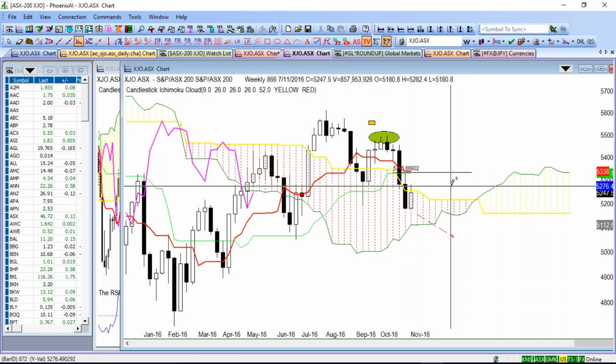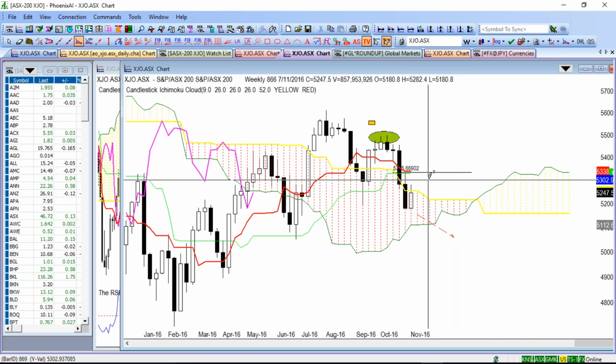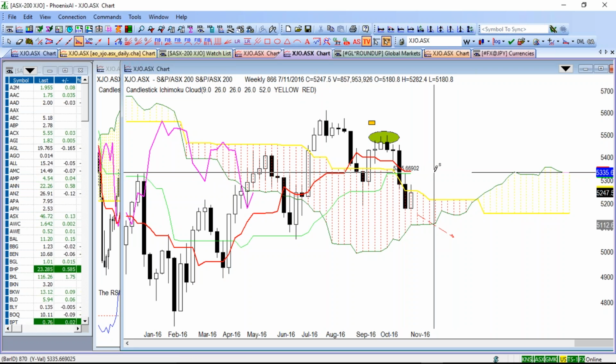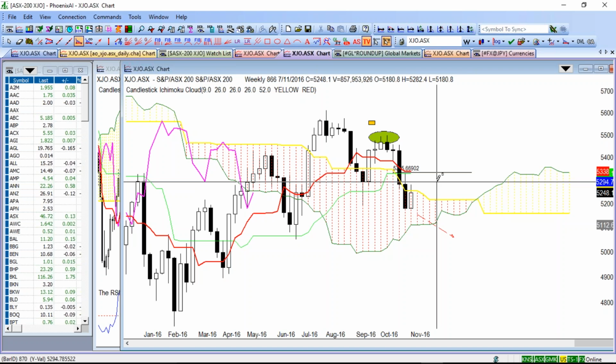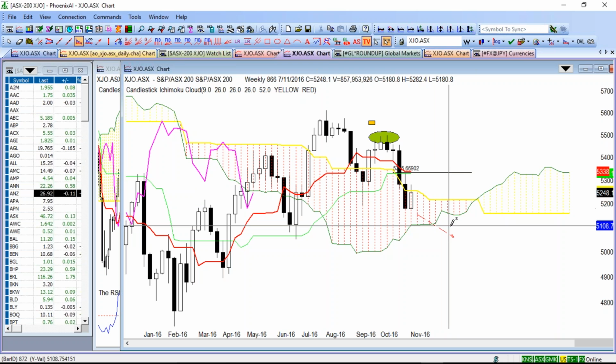You have two elements of resistance, the 9 and the 26 period highs and lows, around the 5,335. So lots of different things going on with Ichimoku, and all it does is give you context of price. It's saying at the moment not terribly bullish, not terribly bearish, and possibly a moment of consolidation.